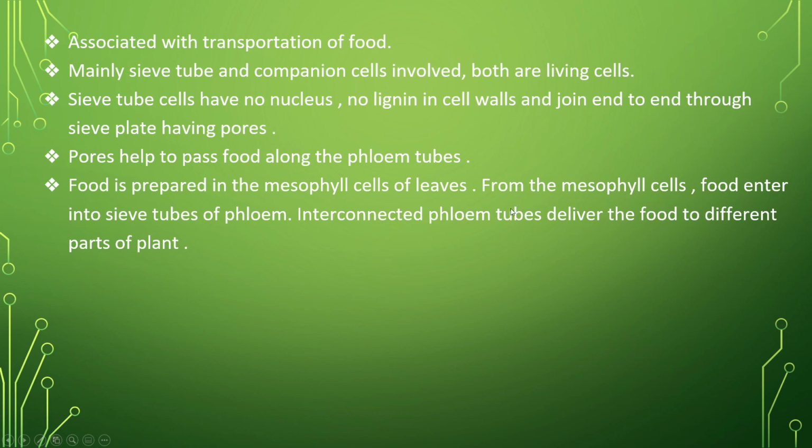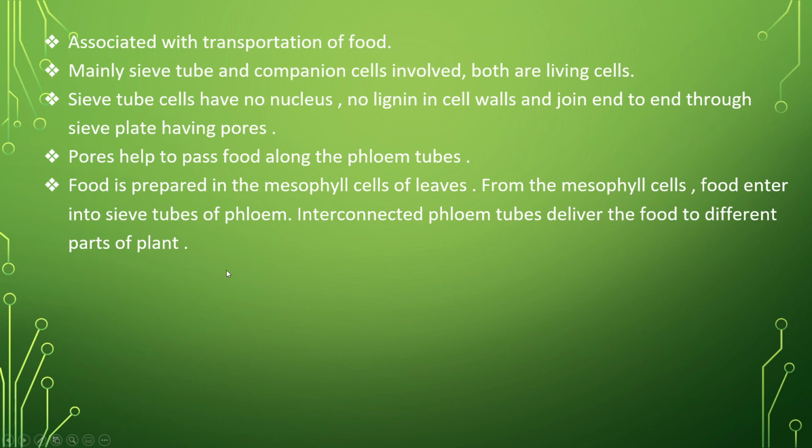From the mesophyll cells, the food enters the sieve tubes of phloem. That means within the phloem there are sieve tube elements, and they are present in the leaves and different parts of the plant. These sieve tubes are interconnected, and these interconnected phloem tubes are present in all parts of the plant.